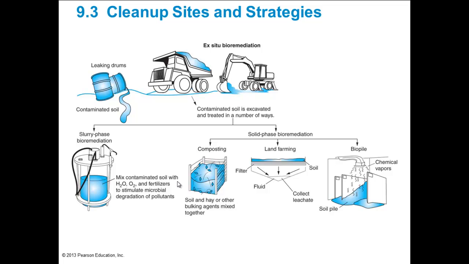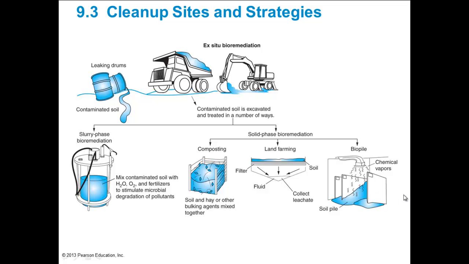You bulk up the contaminated soil with hay and other agents that create pore spaces that stimulate aerobic activity. In land farming, you spread out the soil into a very, very thin layer, and then you leach the contaminant out of the bottom. Okay, so you have some type of filter underneath the soil, and you collect the leachate, which is going to have the contaminant, and then that can be either concentrated and stored or further treated.